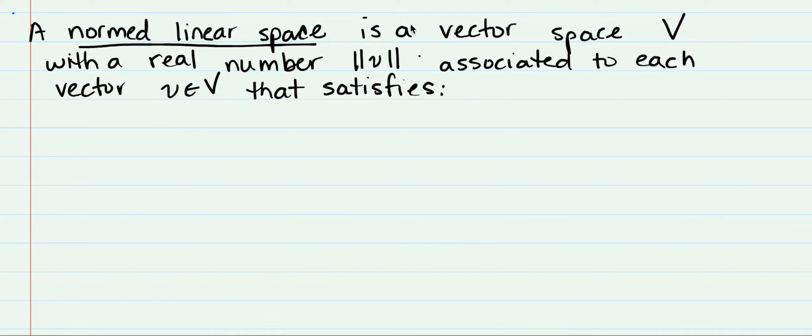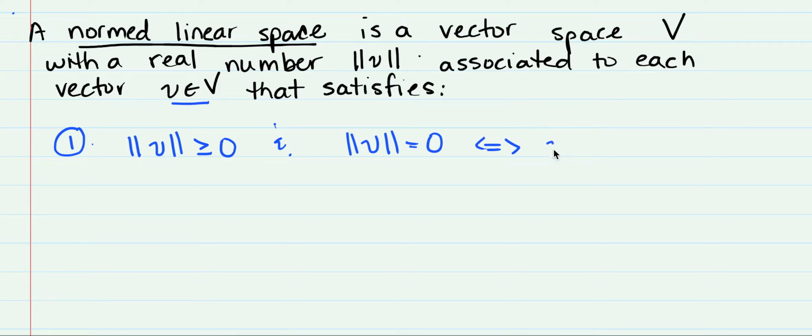So a normed linear space is a vector space V with a real number. So we're associating a real number to every vector that satisfies the following conditions. The first condition is that the norm of a vector is greater than or equal to 0 for all v in V. And if the norm of a vector is equal to 0, this only happens if the vector itself is 0.